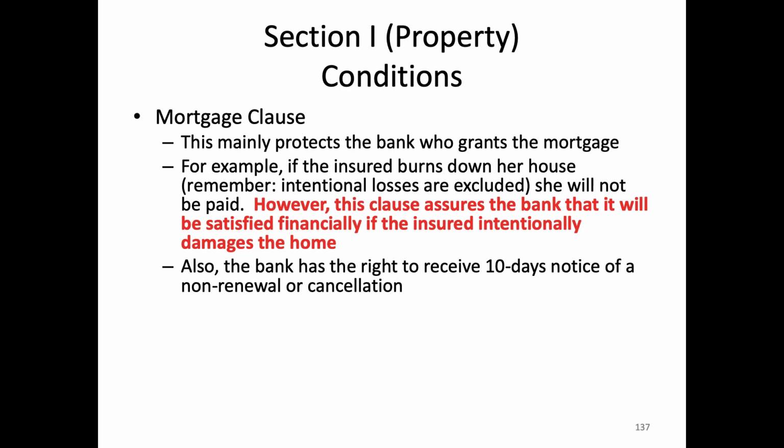Non-renewal would be, okay, it's like May 31st, and the insurance company sends a note out to the insured that their policy coming up for renewal in July is not going to be renewed. In other words, the insurance company is not going to renew the policy. The insured needs to go elsewhere. In either of those instances, the bank has the right to receive 10 days notice.